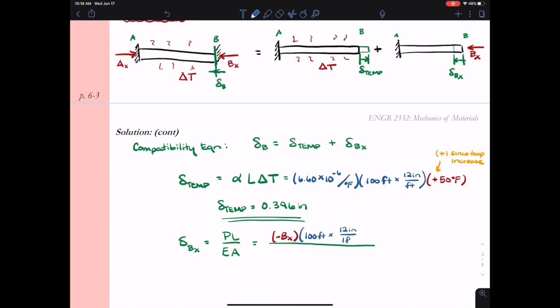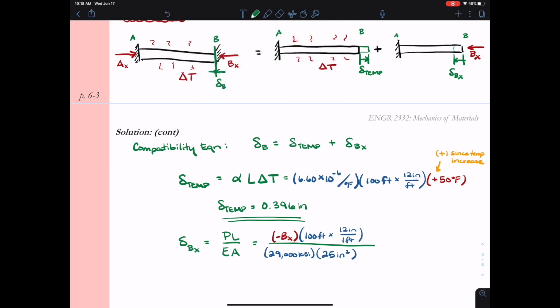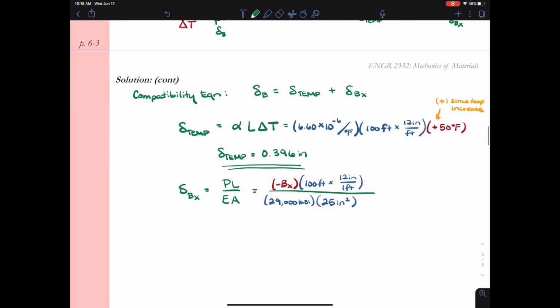For the length, I plug in 100 feet times 12 inches per foot, so again, converting my length to inches. My modulus of elasticity for steel is 29,000 KSI, and my area is 25 inches squared. This is a very typical area for a bridge girder that would be 100 feet in length.